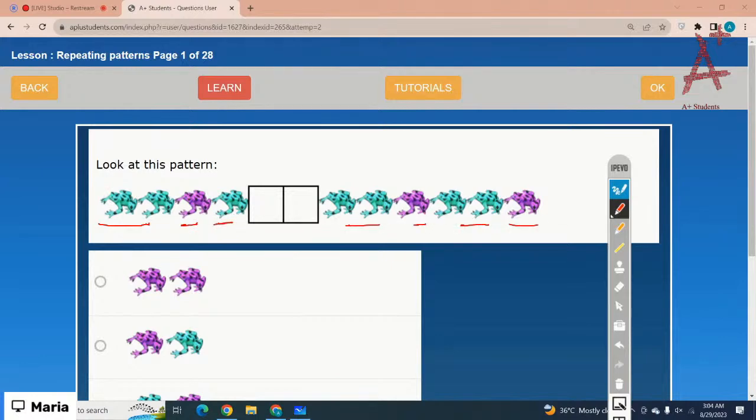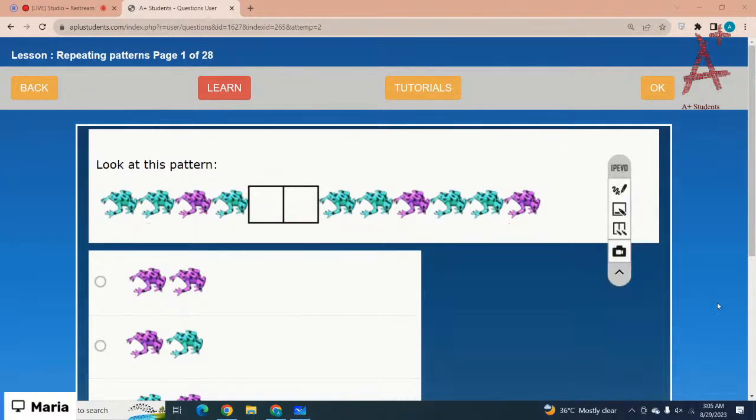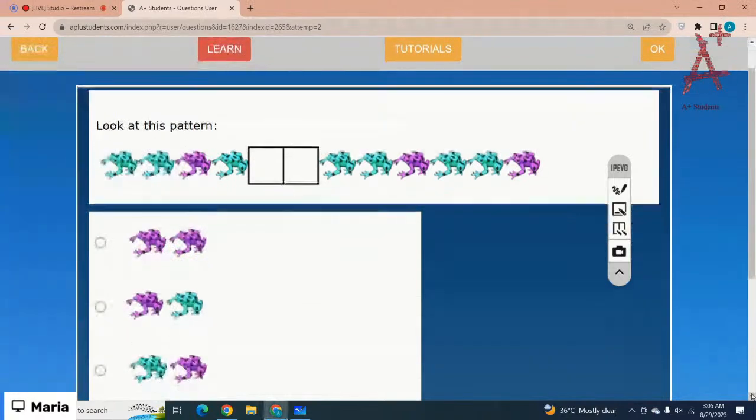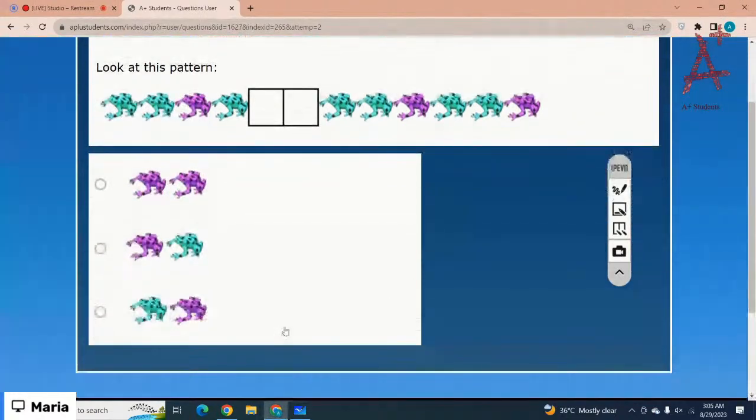You already have one blue here, right? That means which portion is missing? It would be two blue and one purple. You already have one blue, so you have here one blue and one purple. So the missing part is this one, blue and purple.